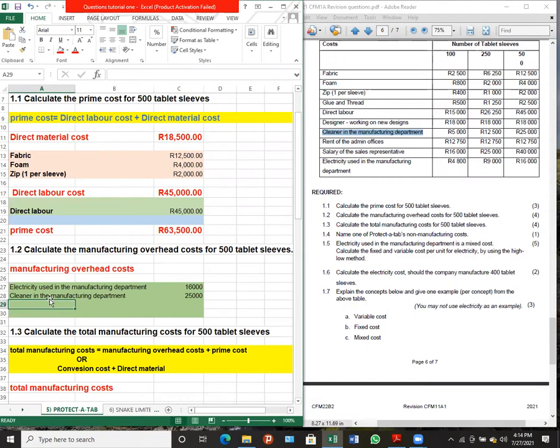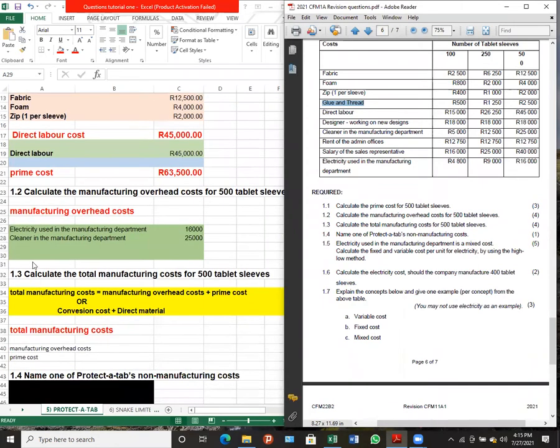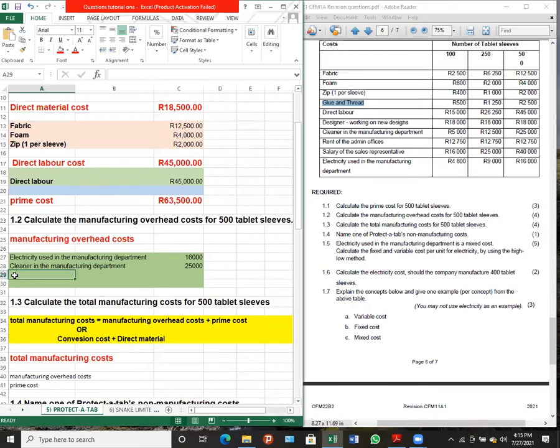Because I don't want to waste time, guys, because we have a lot of work to do. We're going to take glue, guys. Why glue? You can't determine the cost of glue. For example, let's say we manufacture tables and we use glue.